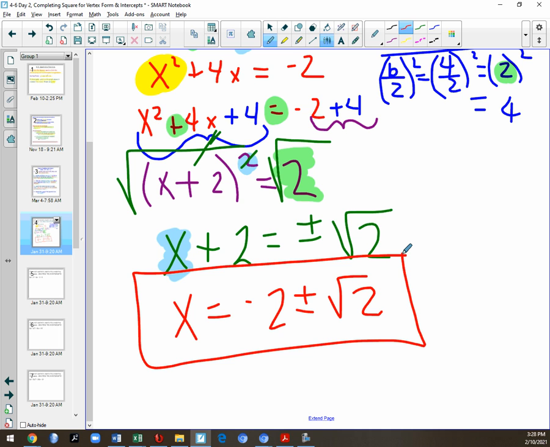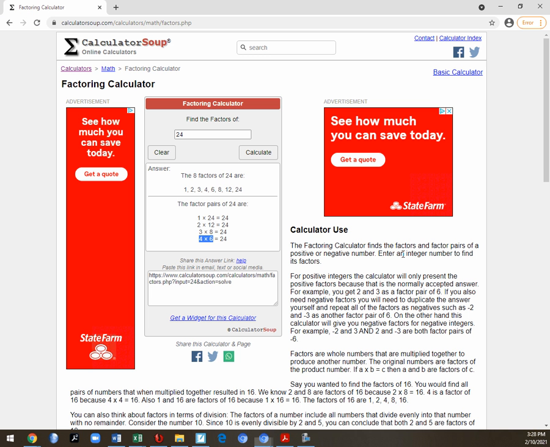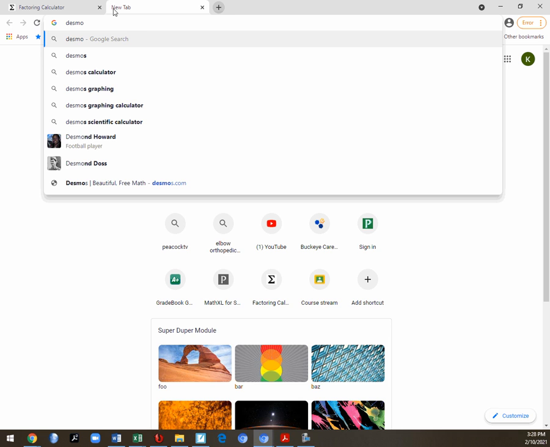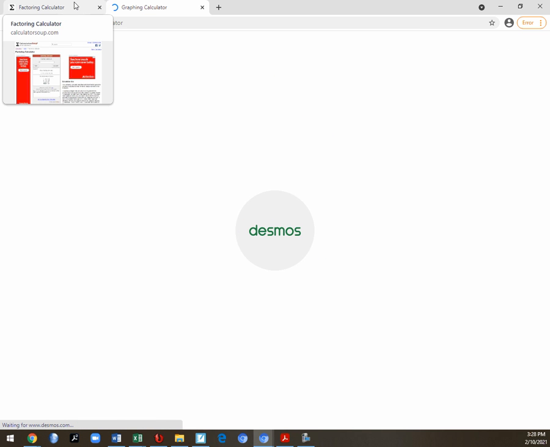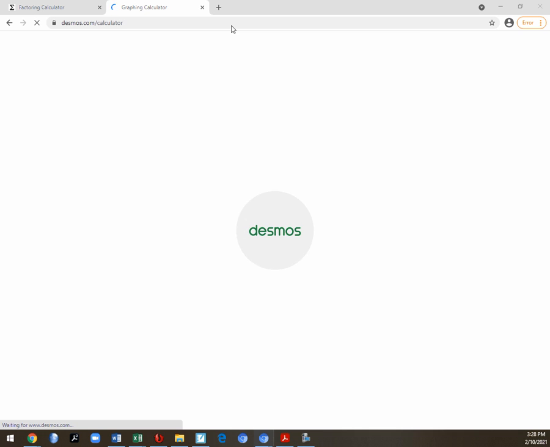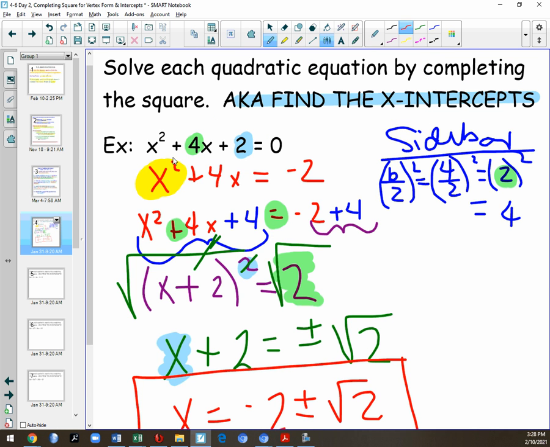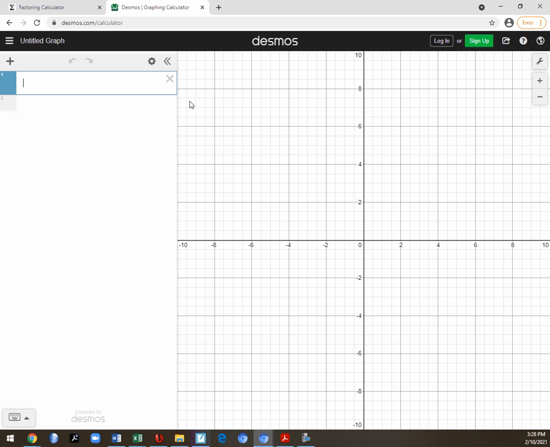Okay? Now remember, you can graph all of these out and you can find out what those x-intercepts are by doing this. Let me show you one thing here. If you go to Desmos, click on Graphing Calculator, and then we're going to graph our original problem, which is x squared plus 4x plus 2.